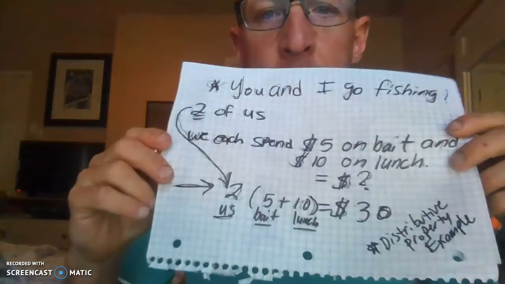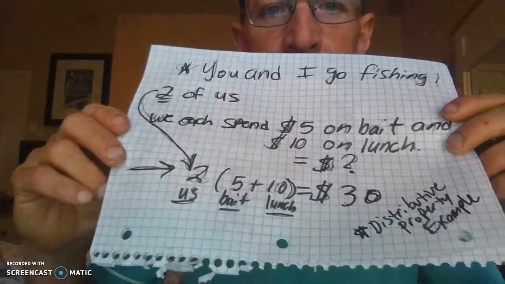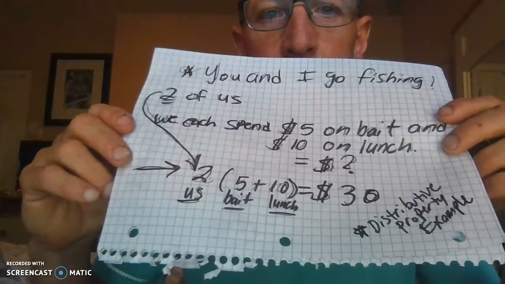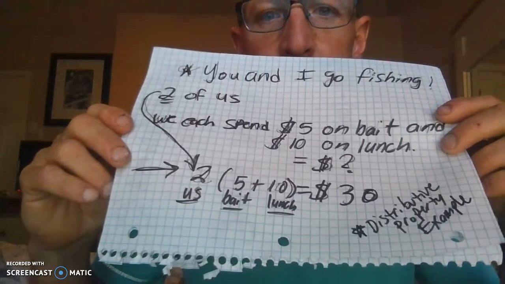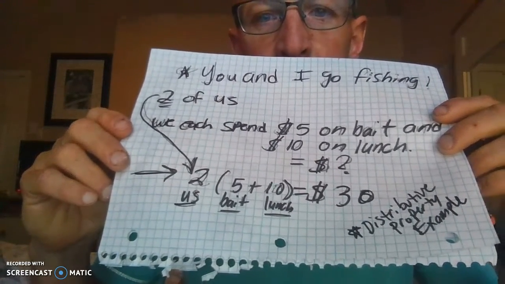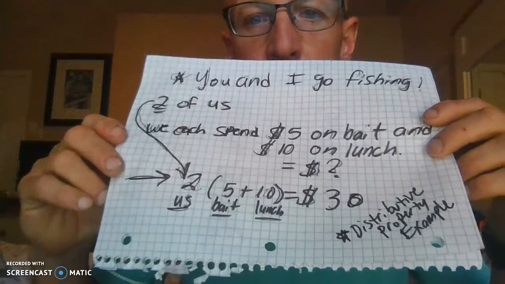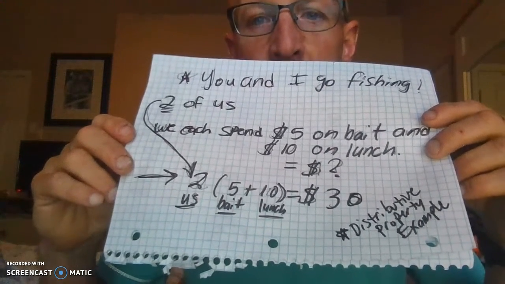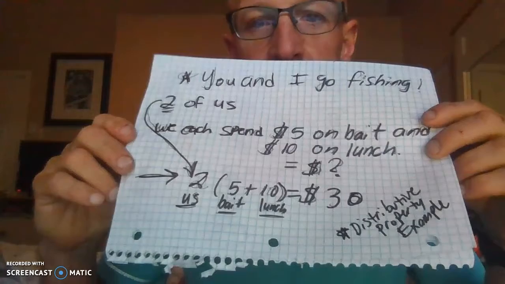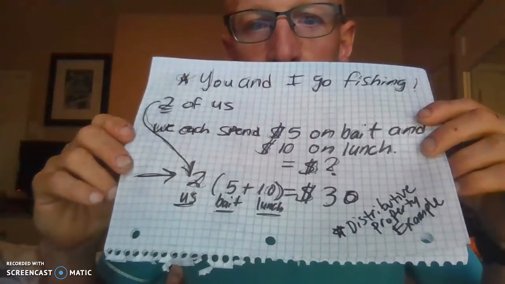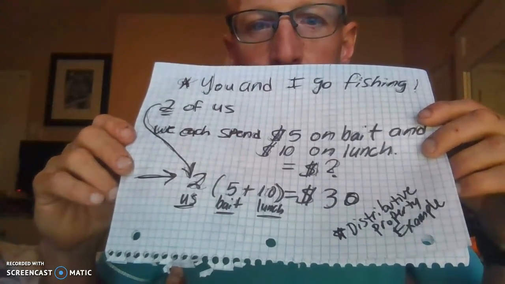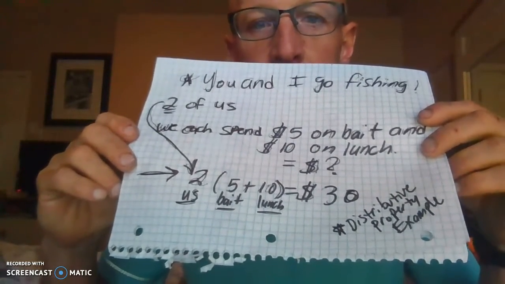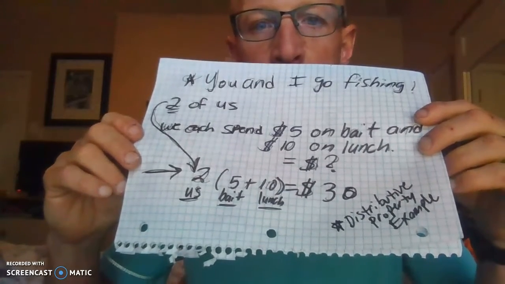So you can see on the bottom here, I set up the equation that says two of us, $5 for bait, $10 for lunch, a total of $30. So I distributed the 2 over the 5 and the 10. 2 times 5 plus 2 times 10 would give us a total of $30.